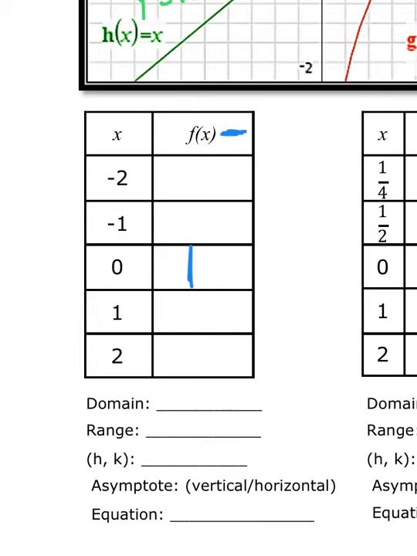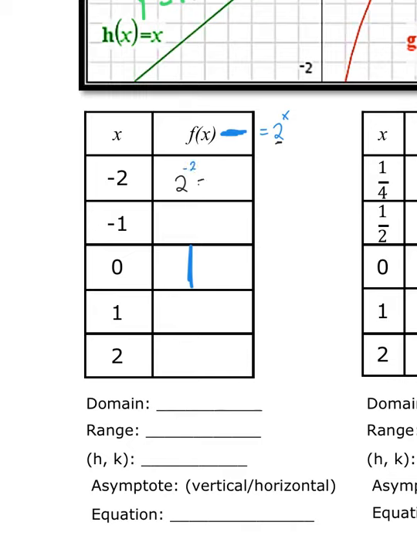So the function f of x, we said that it was equal to 2 raised to the x. So that means that all of these x values, I'm just going to replace them wherever the x is. So if x is equal to -2, that means I'm going to keep the base of 2 the same, and I'm going to replace the x with -2.